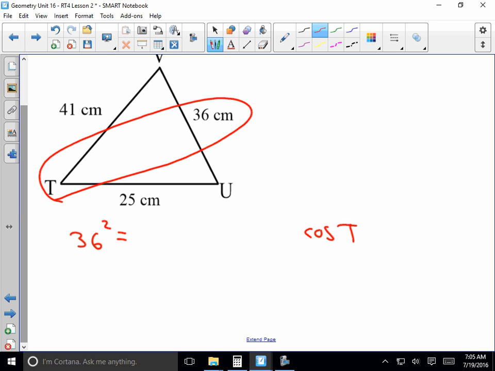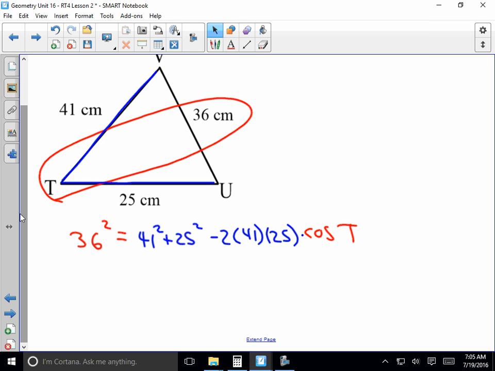Now, the two sides that make up angle T, the 41 and the 25, are the values I use to fill in the other spots. So we've got 41 squared plus 25 squared minus 2 times 41 times 25 times cosine of T. So we have all of our pieces there.